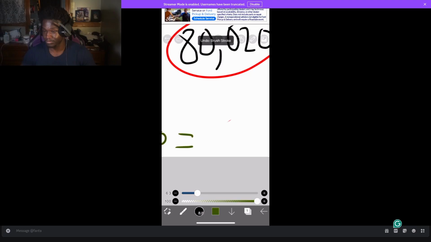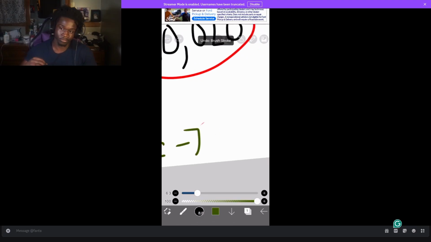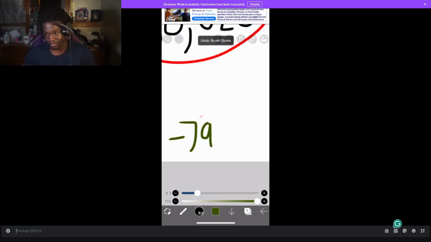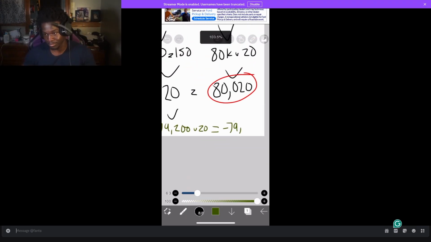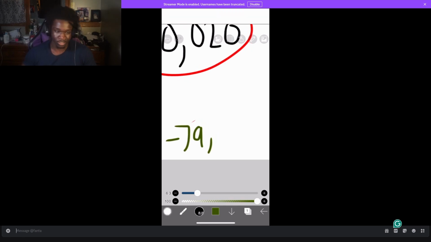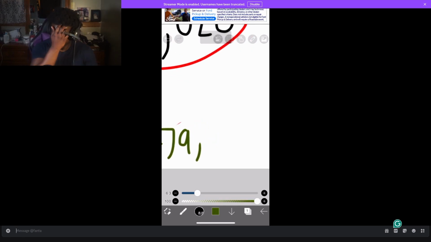I'm pretty sure that's still a negative. Yeah, it'll still be negative, but we're taking away instead of actually adding to the negative. It was 200, then you just take 20 from that. So 180. Okay.